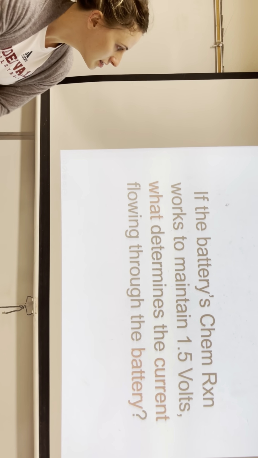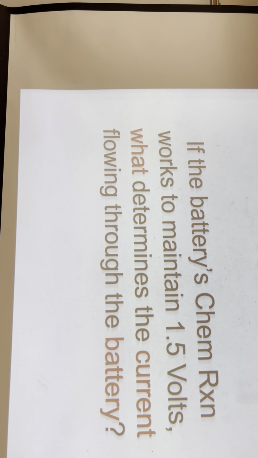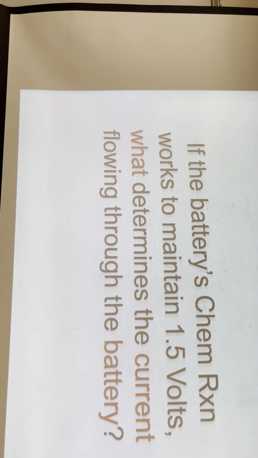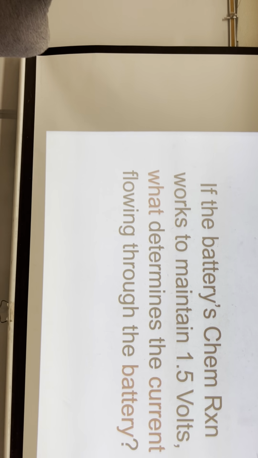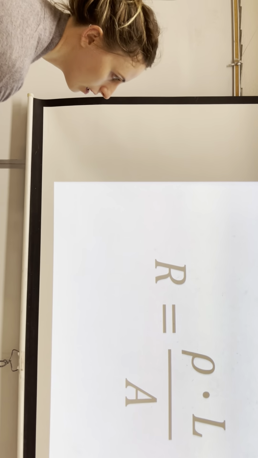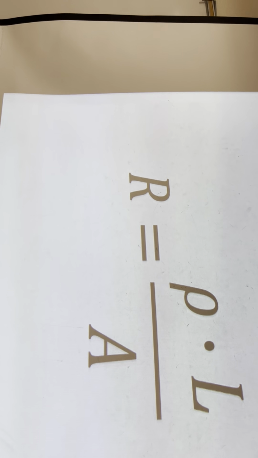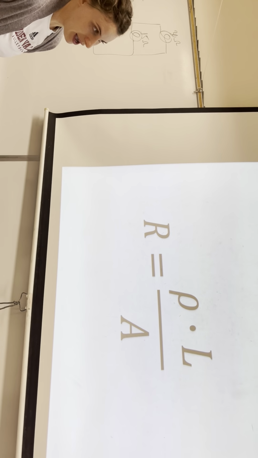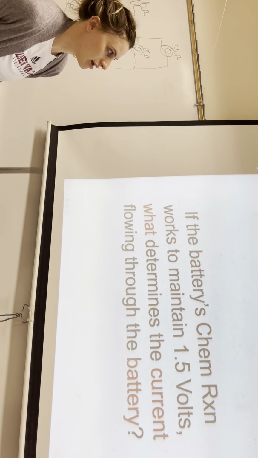If the battery's chemical reaction works to maintain 1.5 volts, what determines the current flowing through the battery? Where do those wires go? So it all comes down to resistance.